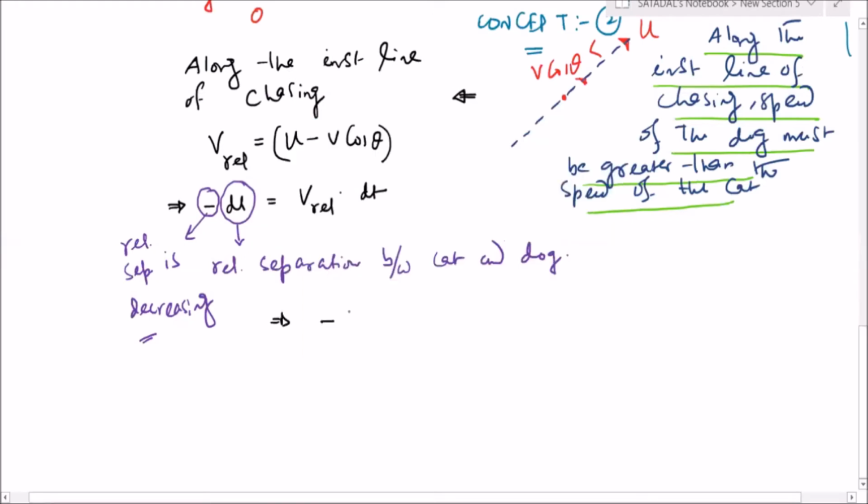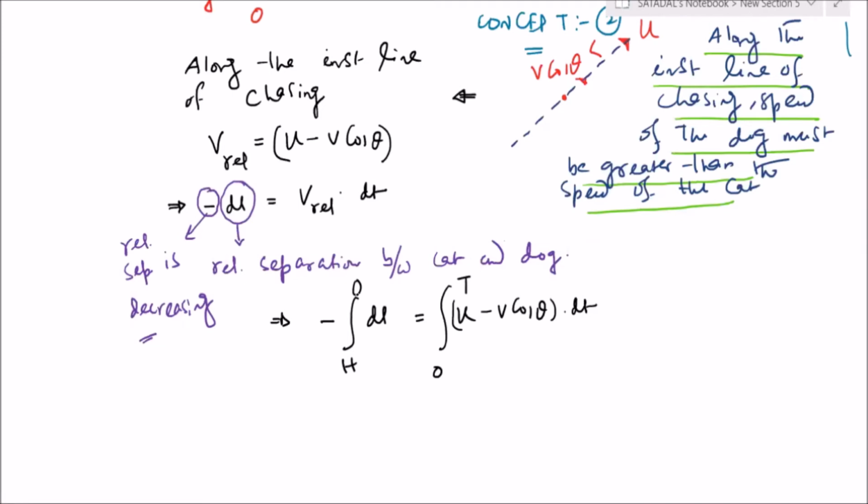So minus integration of dl is equal to u minus v cos theta into dt, integration 0 to t, H to 0. Is this clear, my dear friends?